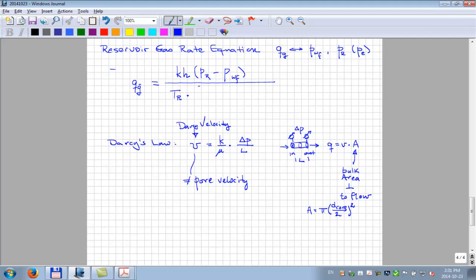And then we've got this well here producing from a formation like that. And we're going to assume that it's a circular drainage area. Okay?